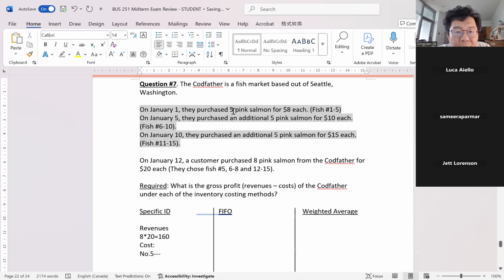They purchased the 5 pink salmon for $8 each, so the cost will be $8. And they chose number 6 to 8, so it belongs to here. They purchased the additional 5 pink salmon for $10 each. And 6 to 8 is number 6 to 8.